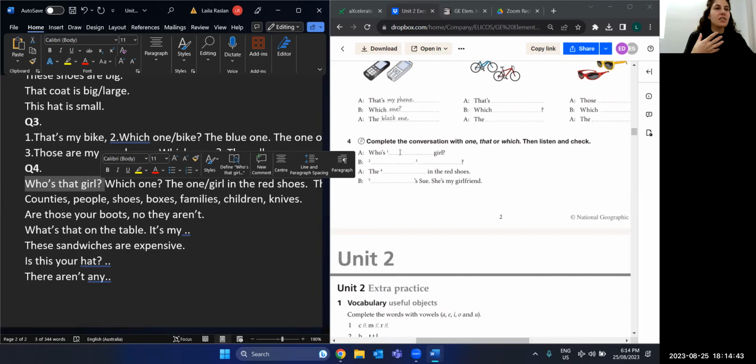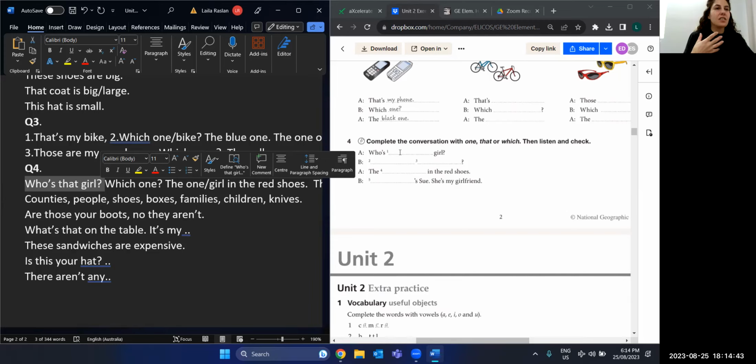Okay, this, that, these, and those. So what's this? It's a camera. Number 2, are those your boots? No, they aren't. So we want the word those, because plural, boots. What's that on the table?